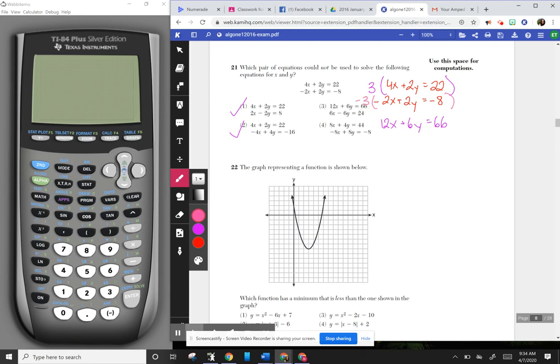So we must multiply by -3. -3 times -2 is positive 6x. -3 times positive 2 is -6y. And -3 times -8 is positive 24, which is exactly what we got there as well. So 3 looks good. So since 1, 2, and 3 are good, that's going to mean that 4 is our answer. However, let's just check and make sure.